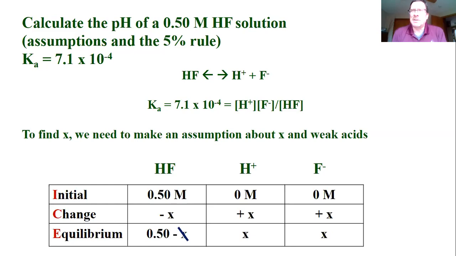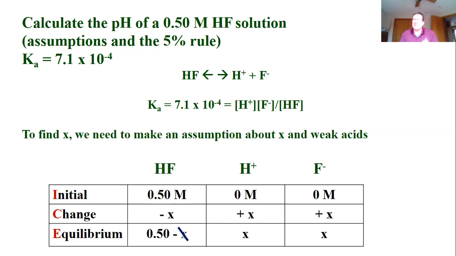Weak acids dissociate only really small amounts of compound. Very little compound separates into its ions, which means compared to the 0.5, that X is going to be almost negligible. It's not going to really knock that thing down much. That's the assumption.